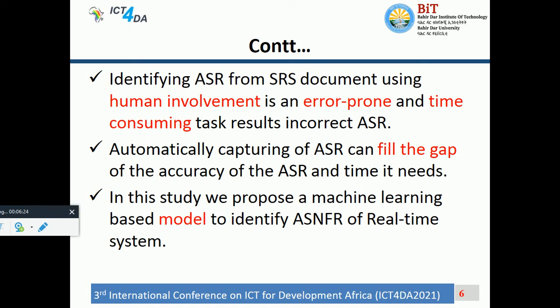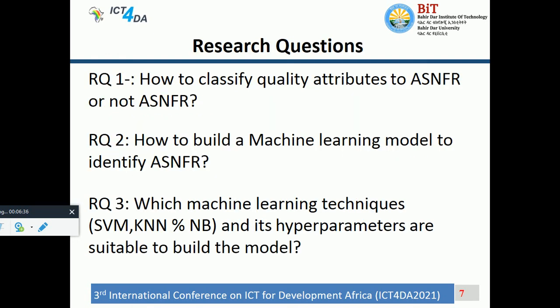In this study we proposed a machine learning based model to identify architecturally significant non-functional requirements of real-time systems. When you see the research questions, basically when you do this research, we plan to answer these three questions.